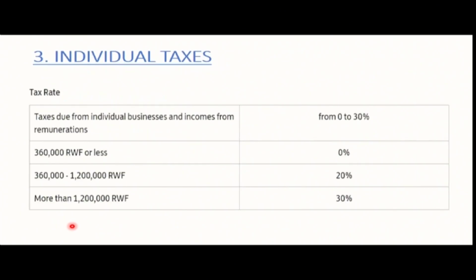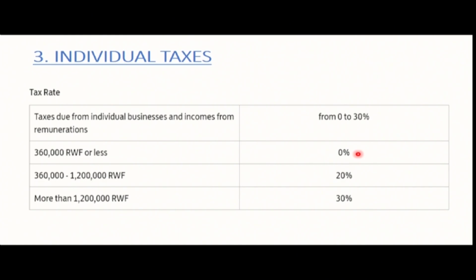When you also look at what you call individual taxes, we have tax due from individual businesses and incomes from remunerations, as you can read it. For 360,000 or less, the rate is from 0 to 30%.